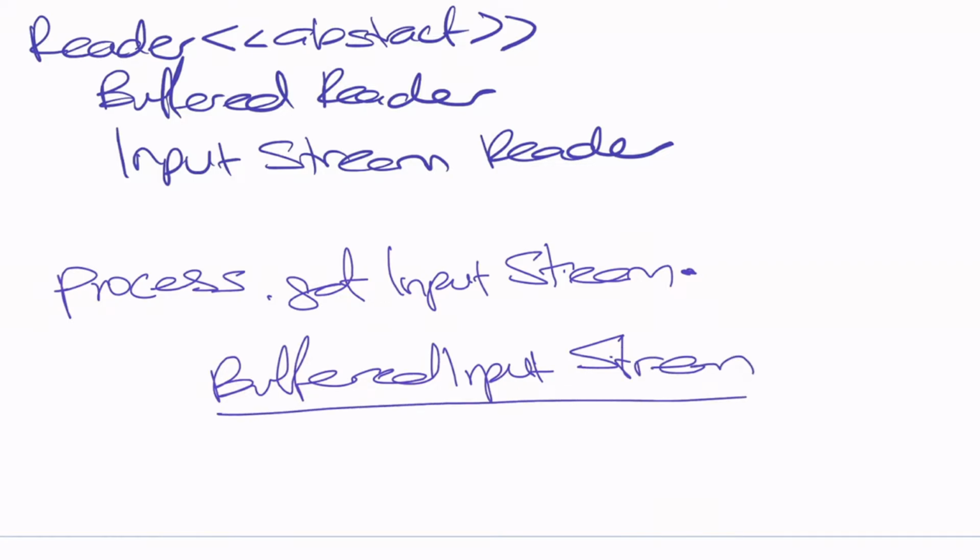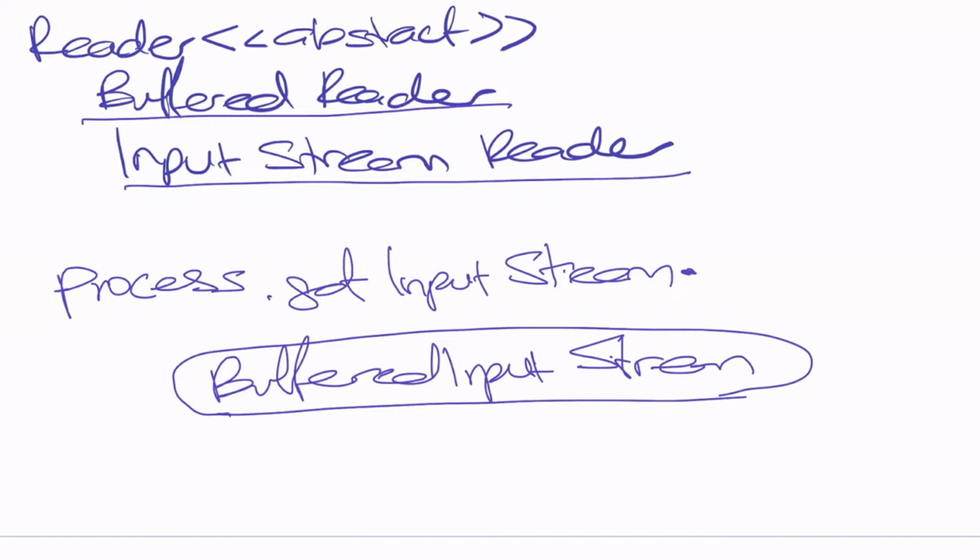We have to use these classes to get a proper stream, or a proper string, for us to display the information. So let's see what we need to do in addition to get that output from PowerShell into Java.